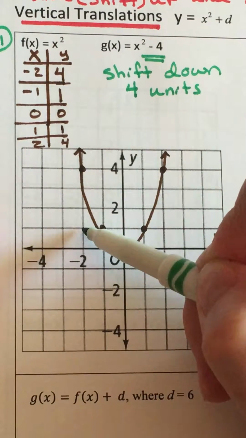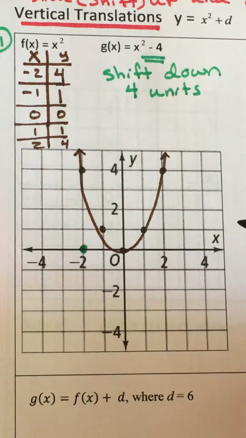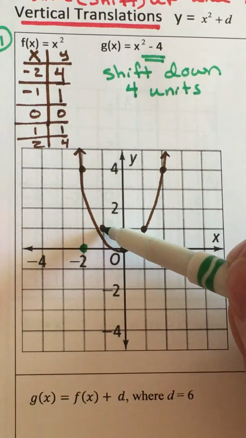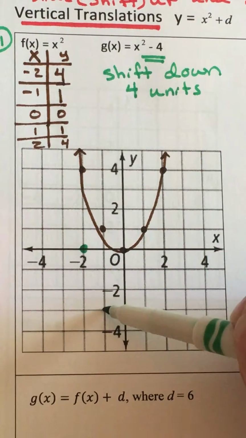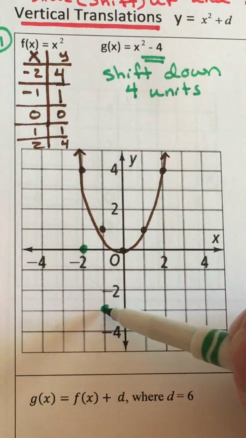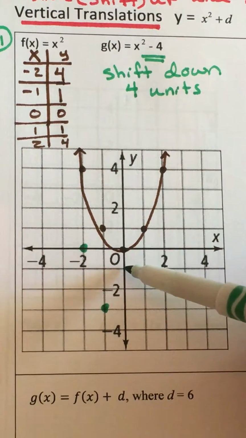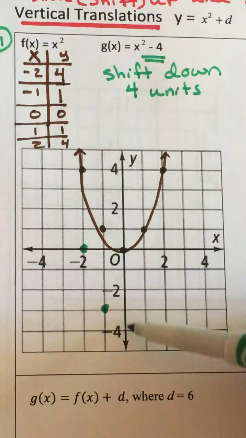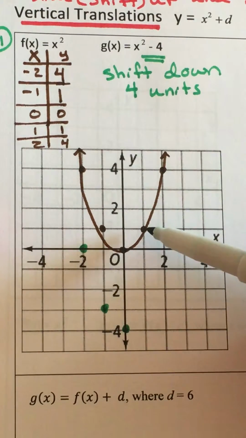So 1, 2, 3, 4. Here's my first coordinate point, negative 2, 0. Let's go to our second. 1, 2, 3, 4. Negative 1, negative 3. Third coordinate point, 1, 2, 3, 4. 0, negative 4.